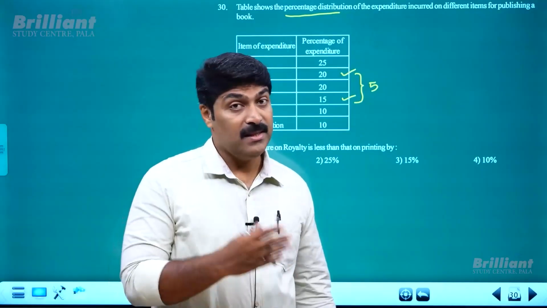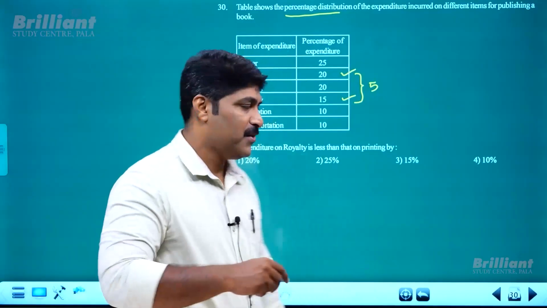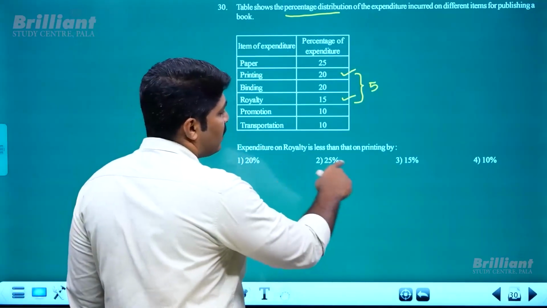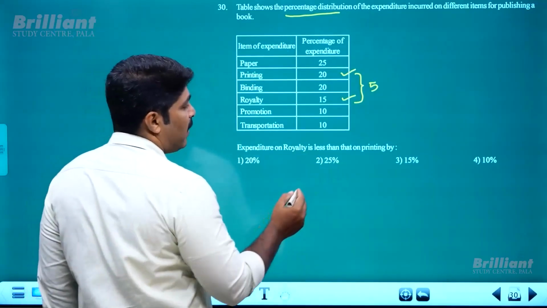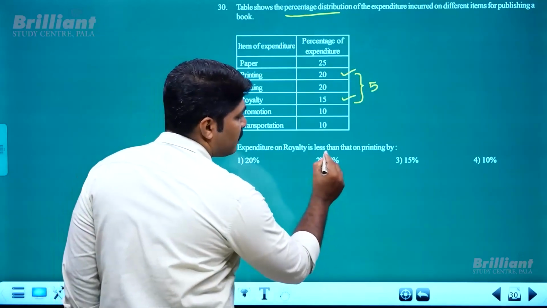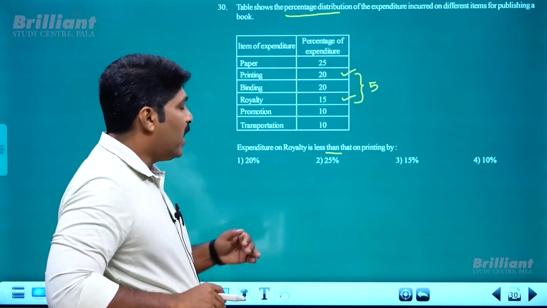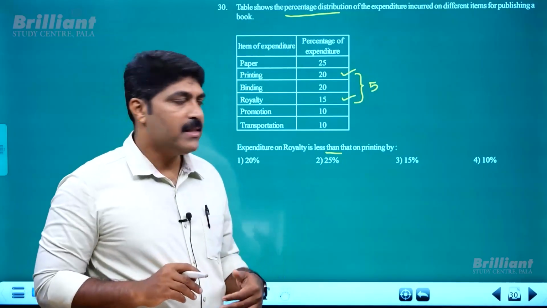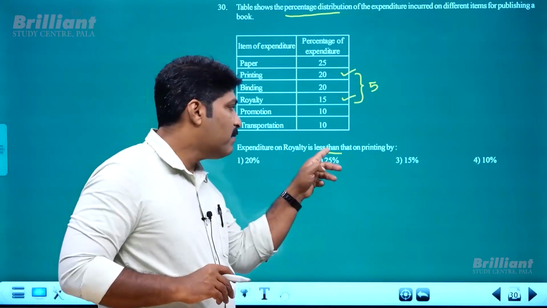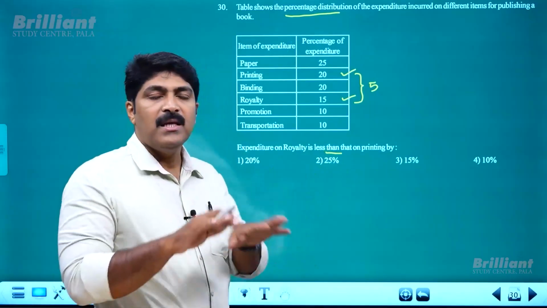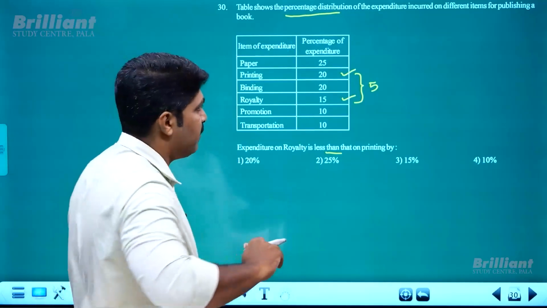Got it? So here in this case in general that is 5%. We are going to find out how to find these percentage values. So immediately, how to consider this difference as what percentage of printing: while we are comparing percentage values like this, what comes immediately after the term than, that should be kept as the denominator.